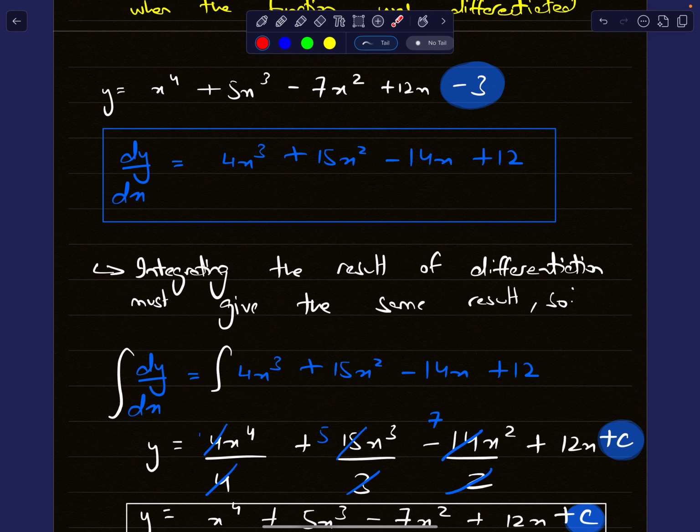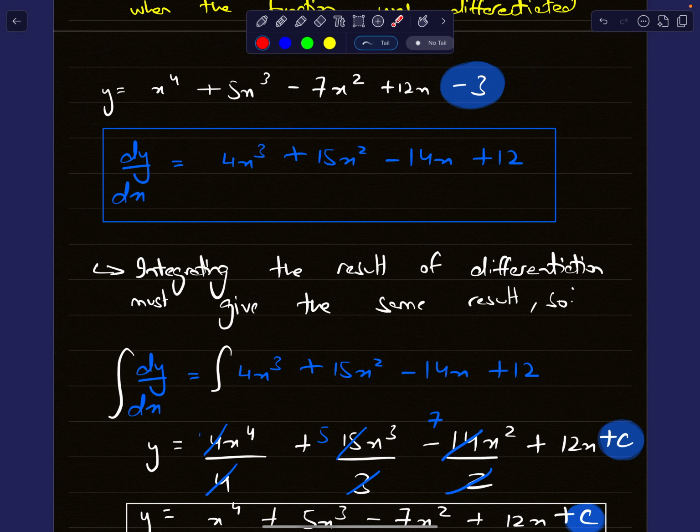But if we have to integrate this gradient function, and we know that integration is the reverse process of differentiation, we expect exactly this equation.